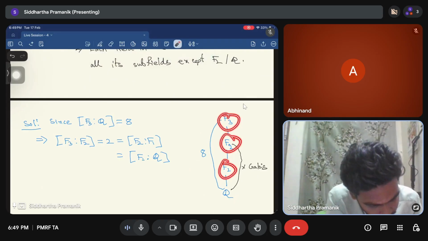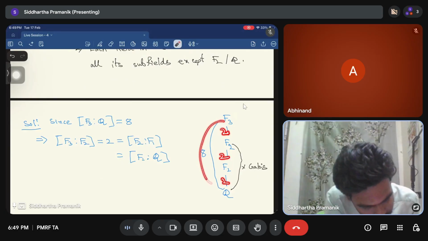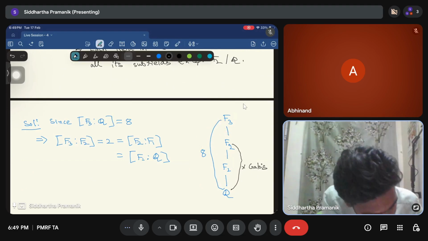F1, F2, F3 are distinct. So this has to be 2, this has to be 2, this has to be 2. Only in that way can the degree of the bigger extension be 8. There is no other way.